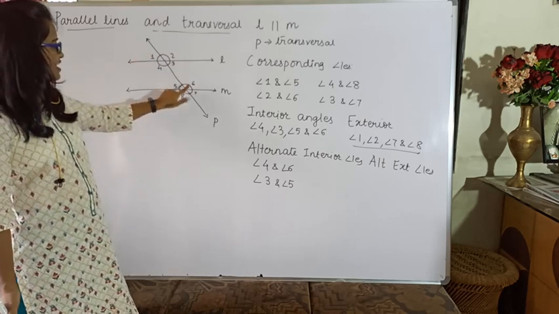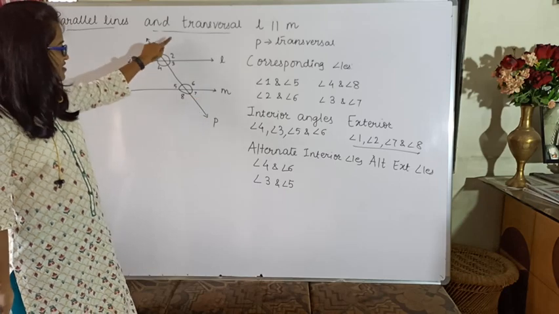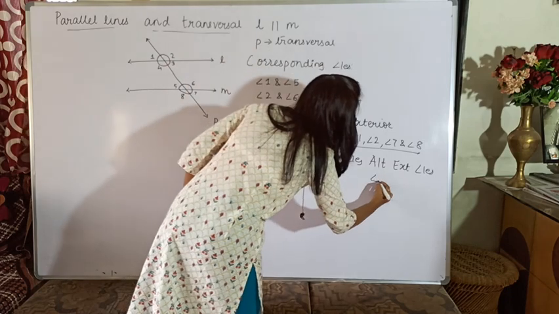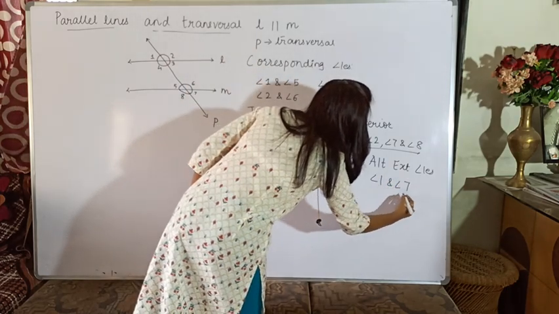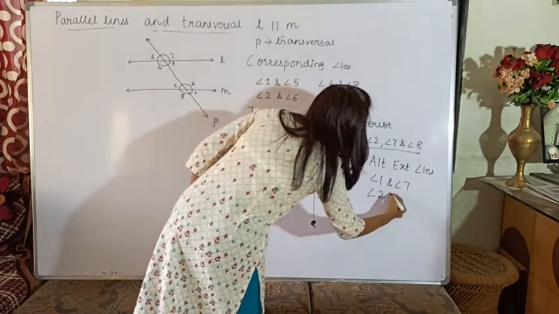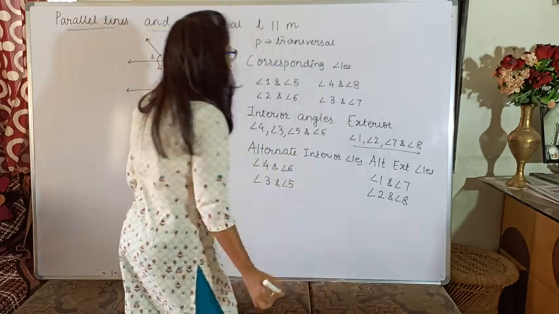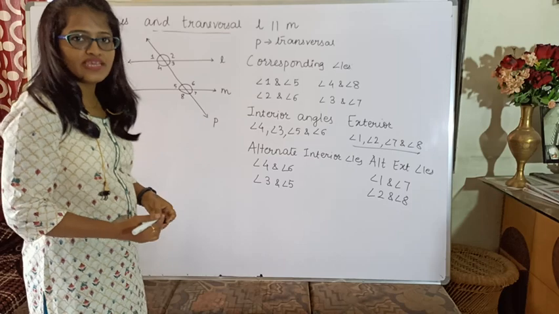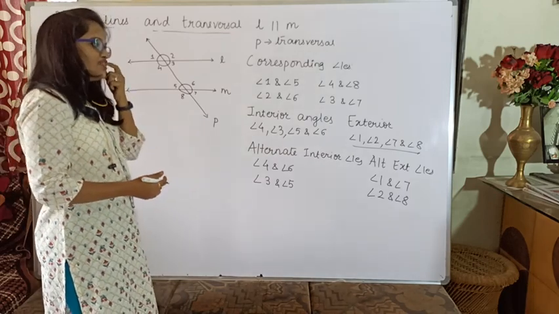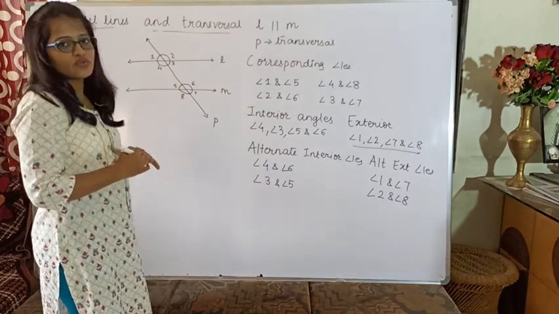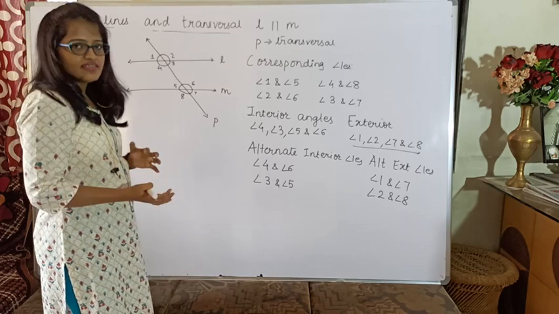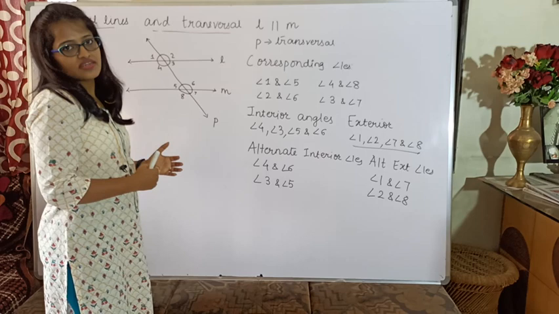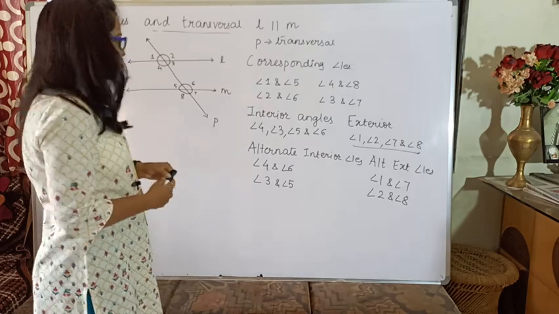So angle 1 and angle 7 are alternate exterior angles, and the other pair is angle 2 and angle 8. So these are the few pairs of angles. Whether they are equal or supplementary is the next thing we will be looking at. But first of all, try to understand what these angles are and how to find out which angle is alternate to which another angle and which angle is corresponding to another angle.